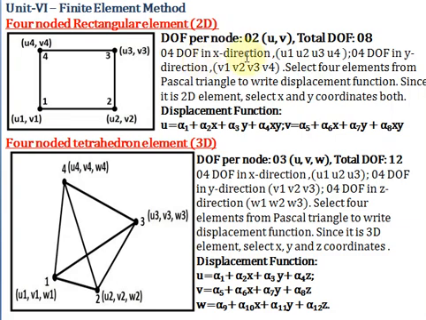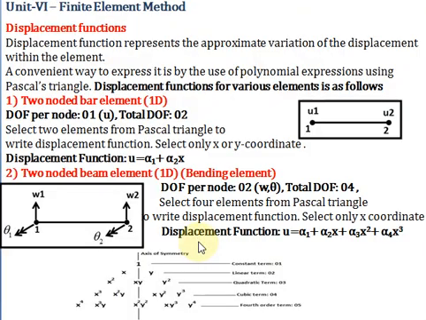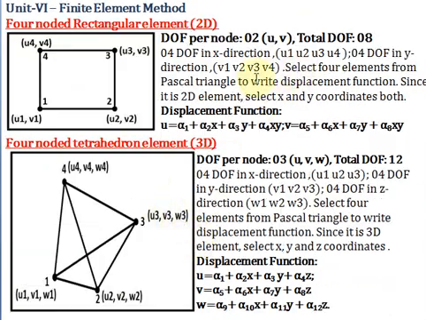So 4 will be in x direction and 4 in y direction. Here again you have to select 4 values from the Pascal triangle. So 1, x, y and xy will be the values. In the same way, we write alpha 1 plus alpha 2 x plus alpha 3 y plus alpha 4 xy.